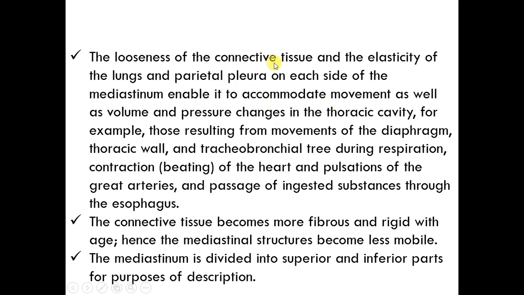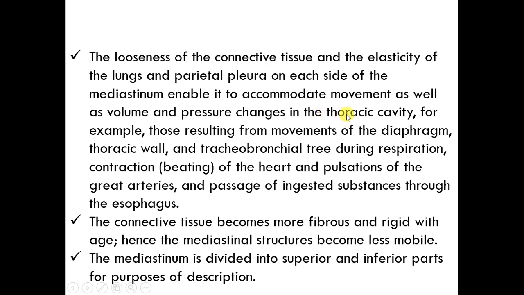The looseness of the connective tissue and the elasticity of the lungs and parietal pleura on each side of the mediastinum enable it to accommodate movement as well as volume and pressure changes in the thoracic cavity. First of all, it will accommodate the movement of the lungs on the mediastinal side, and as a result, the changes in volume and pressure in the thoracic cavity are also accommodated in the mediastinum.